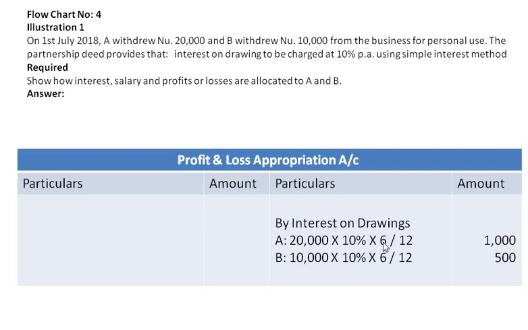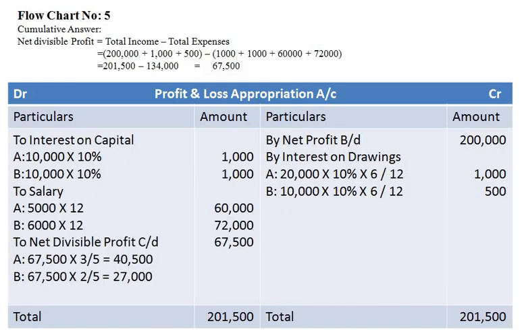So that's 6 by 12. One accounting year has 12 months. Out of that, we are utilizing these drawings for 6 months. If you are utilizing for 3 months, we have to write 3 by 12. That is understanding. This is where we are calculating: 20,000, 10%. Now go for last slide.